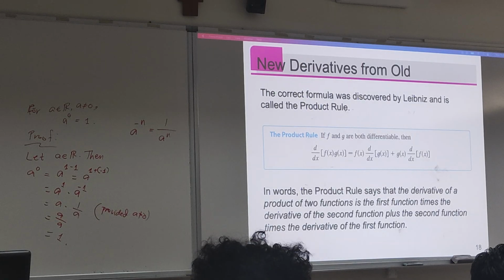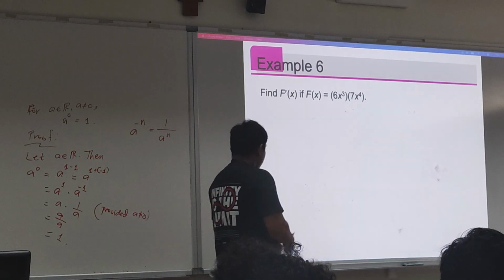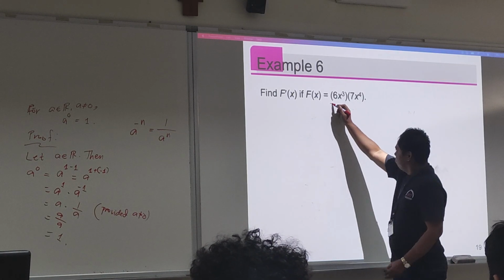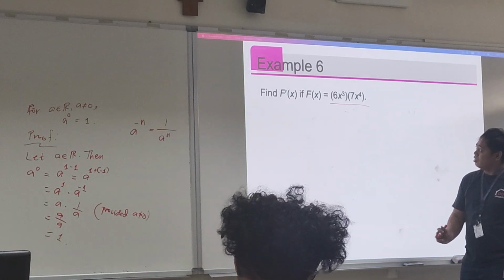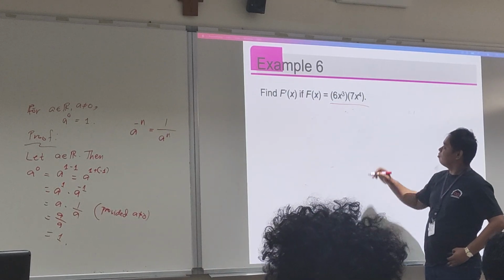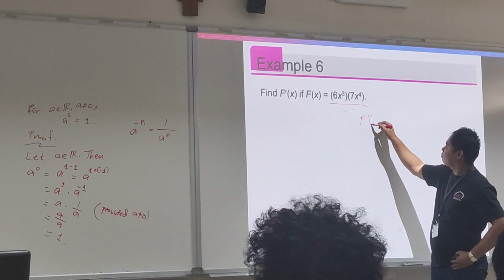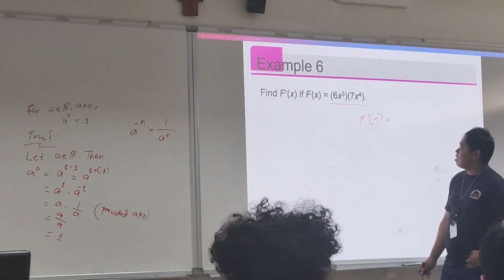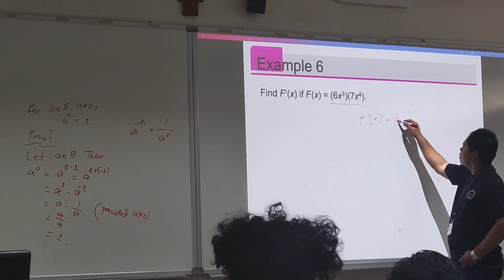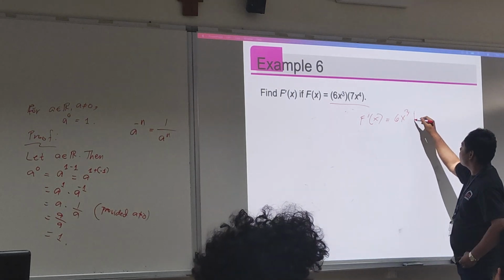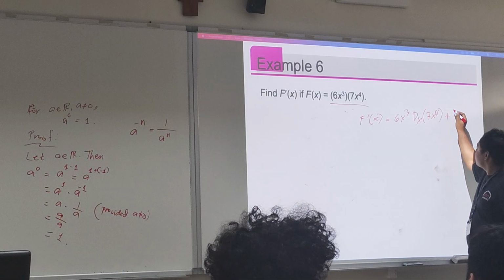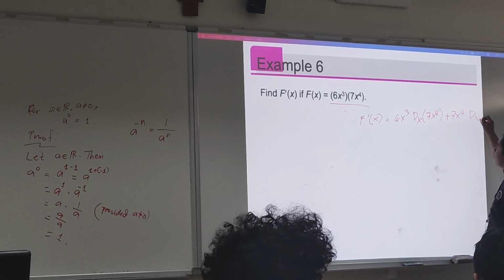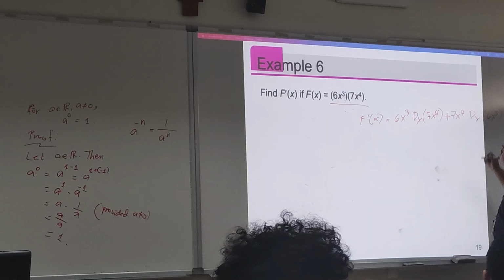Okay, let's have an example for that one. If you have the function 6x cubed times 7x to the 4th, what is this one? So this is 6x cubed times the derivative of your 7x to the 4th, plus 7x to the 4th times the derivative of 6x cubed.